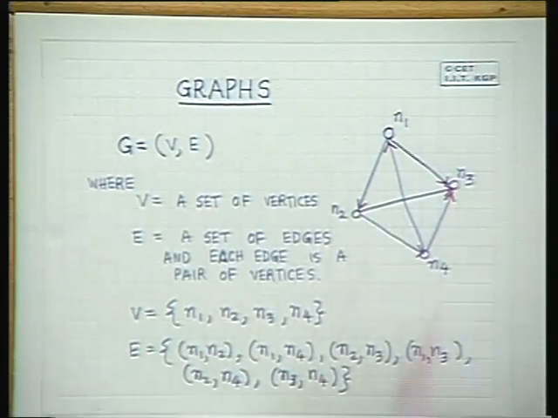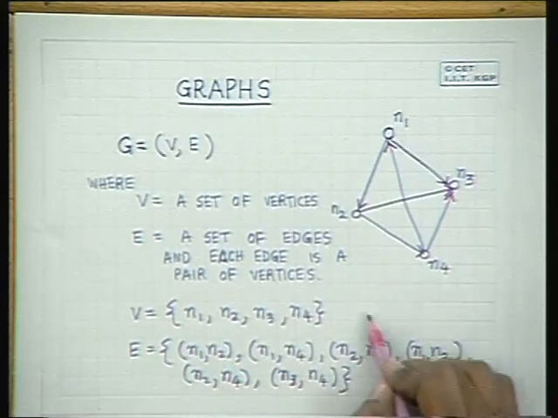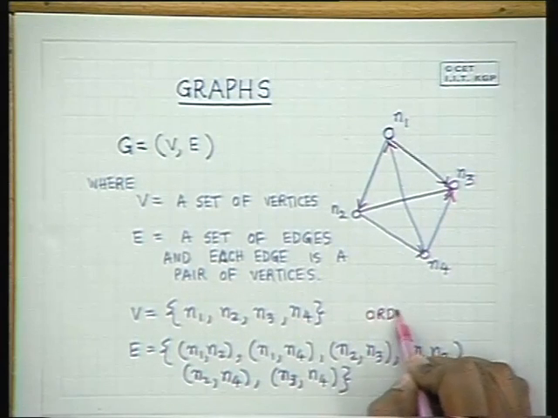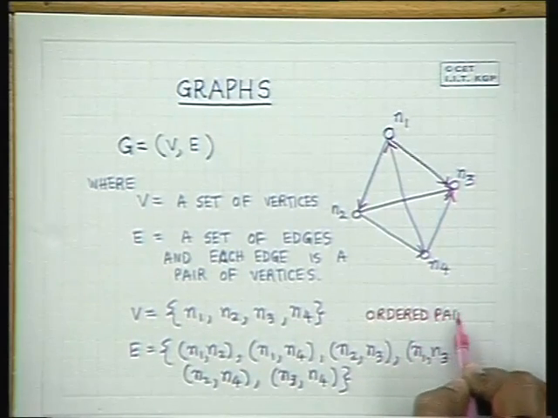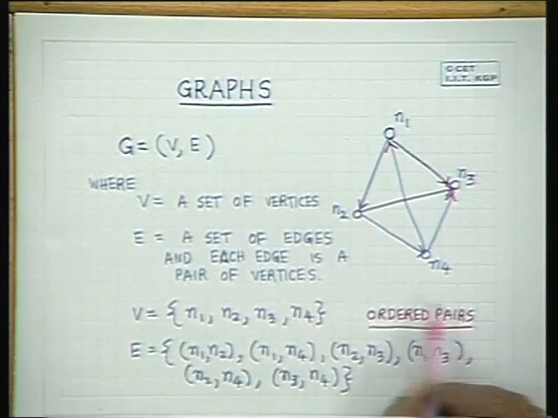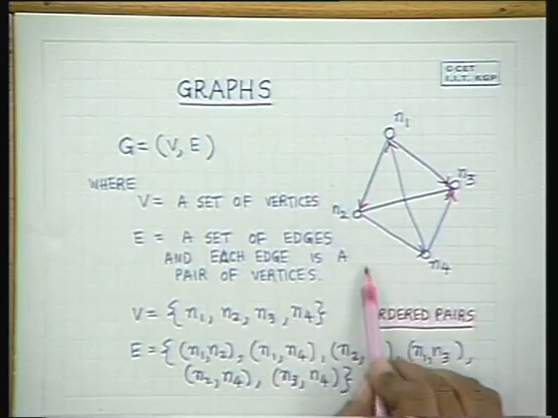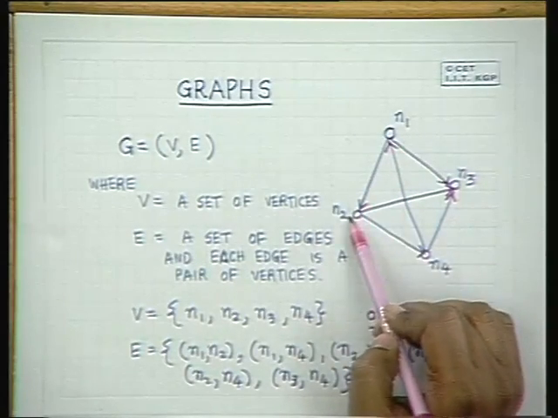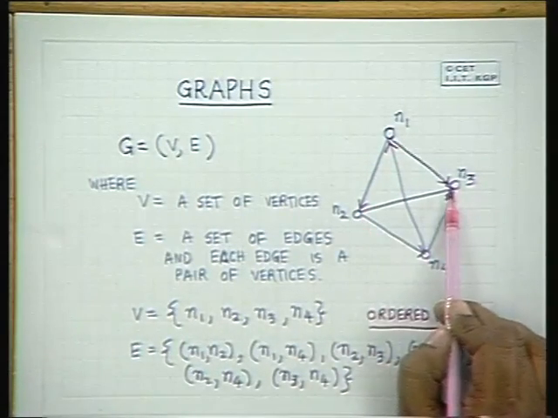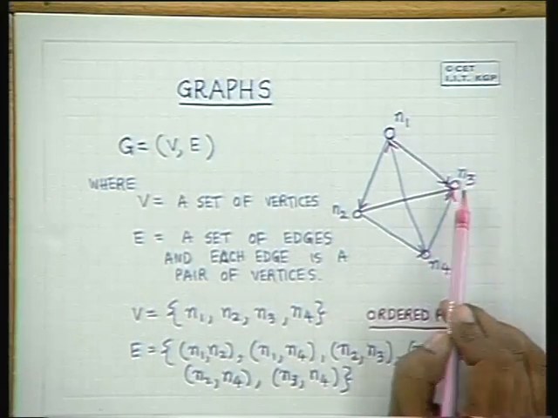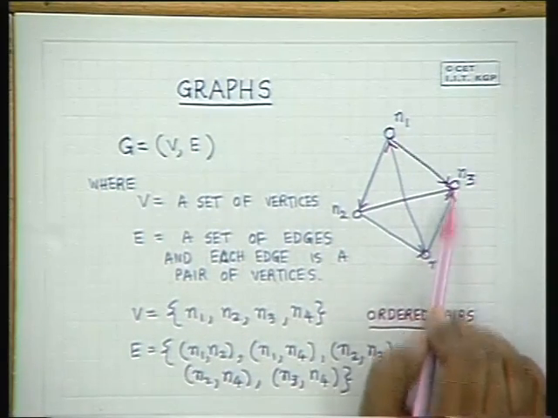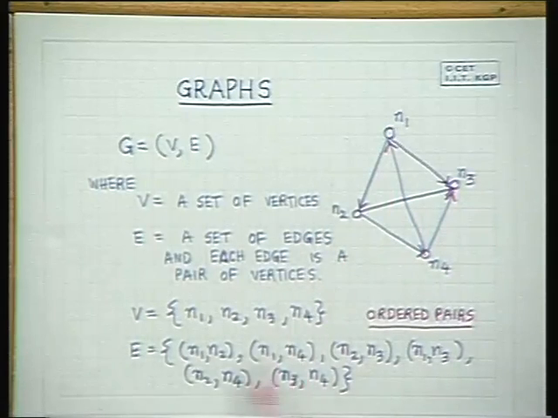Now if every edge has an arrow, then the pairs here will become ordered pairs. And if these arrows are there, then the edges will be N1, N2, N2, N3, N2, N4, N4, N3, N1, N3, and N4, N1 instead of the way it is written here.